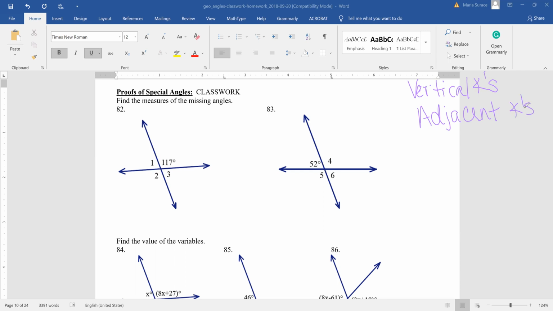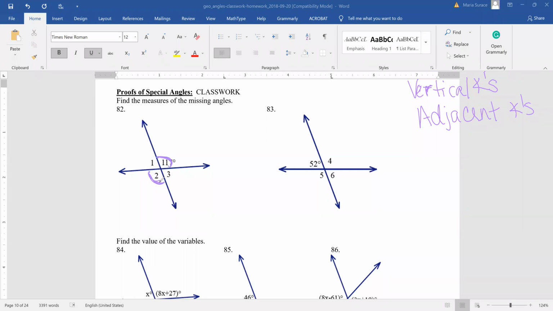Recall from your notes that vertical angles are angles that are equal to each other and opposite on an intersection. So examples of this would be angles 1 and 3 in number 82, angles 4 and 5 in number 83. Those are vertical angles. Two more examples of vertical angles on each of those intersections would be the ones opposite that.